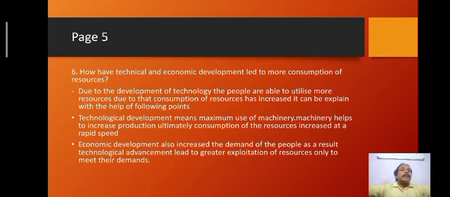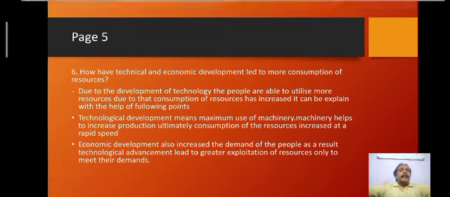Ultimately, consumption of the resources has increased at a rapid speed. Second, economic development also increased the demand of the people. As a result, technological advancement led to greater exploitation of resources to meet the demands of the people.